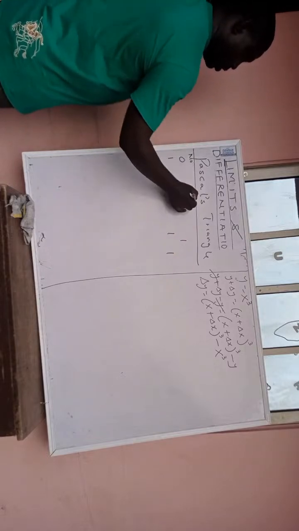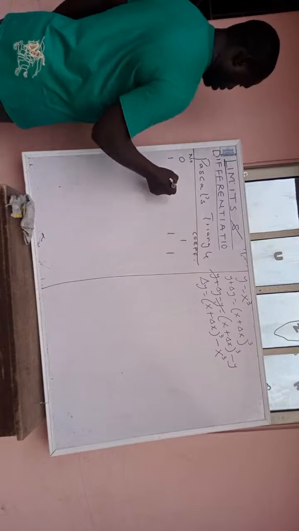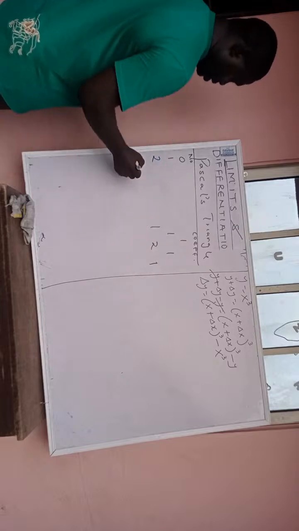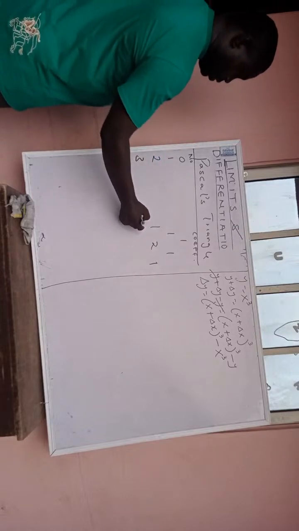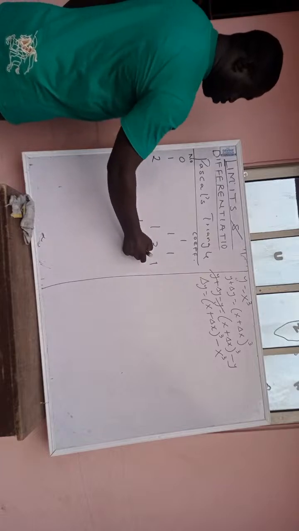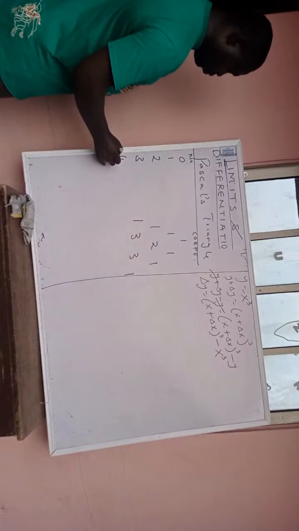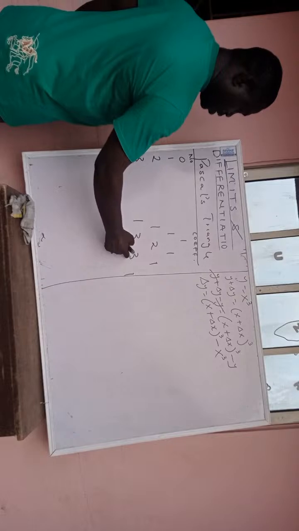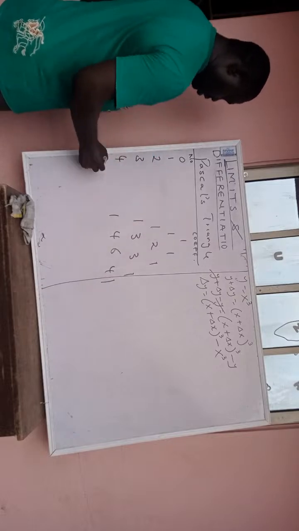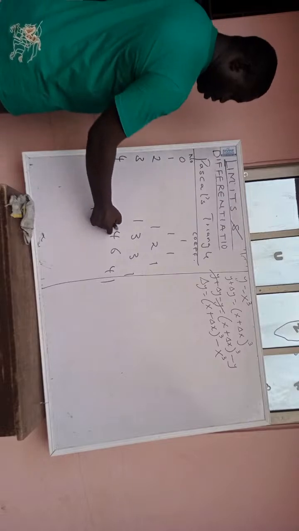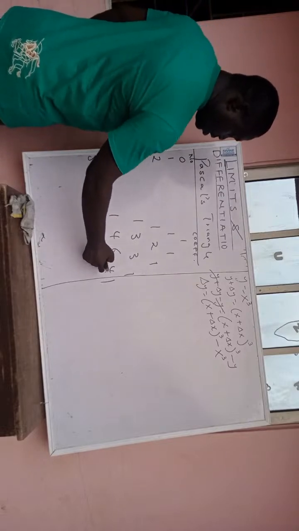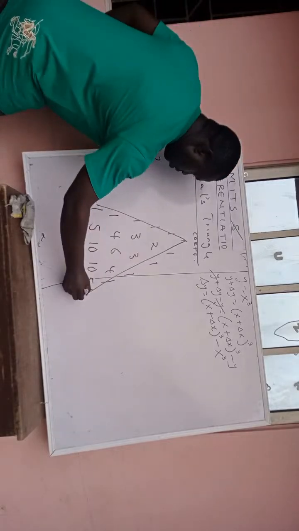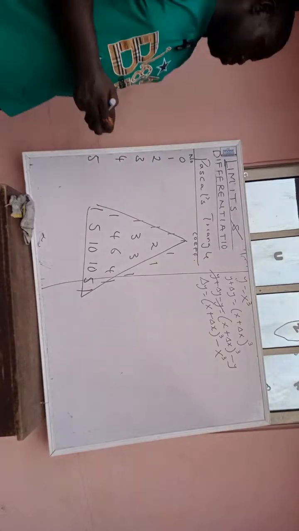And then you have 2, you write 1, 1 plus 1, 2, you have 1 again. You have 3, you put 1, 1 plus 2, 3, 2 plus 1, 3, and then you write 1. You come to 4, that's 1 again, that's 4, that's 6, that's 4, and 1. So you can keep going. Let me stop at 5. You have 1, that's 5, that's 10, that's 10, that's 5, and 1. So you can see it becomes a triangle. And that's what we call Pascal's triangle.